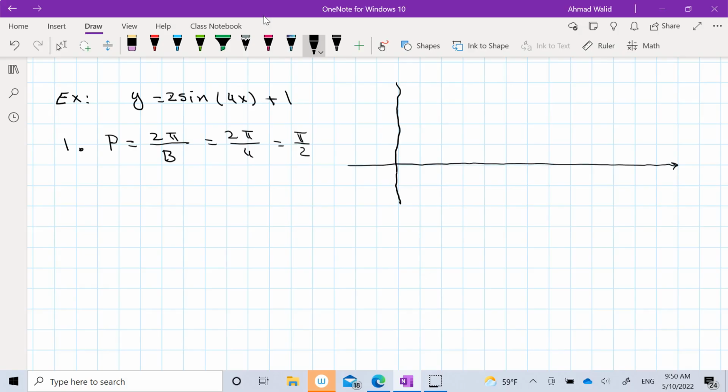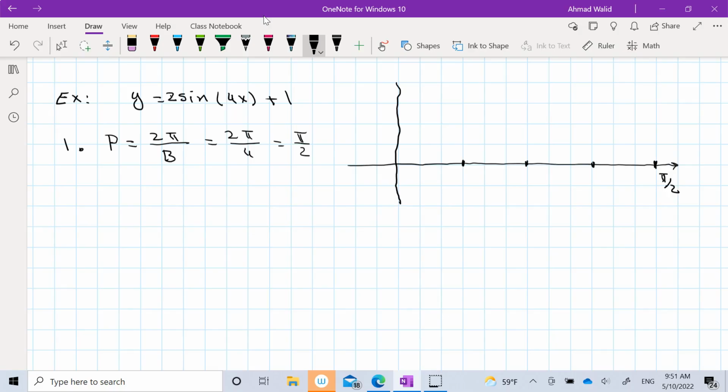Always you need 4 points. Mark 4 points: 1, 2, 3, and 4. Here your period is pi over 2. You have to find the rest of the numbers. I told you the method. First divide pi over 2 by 2.